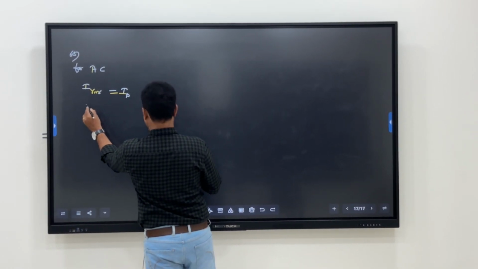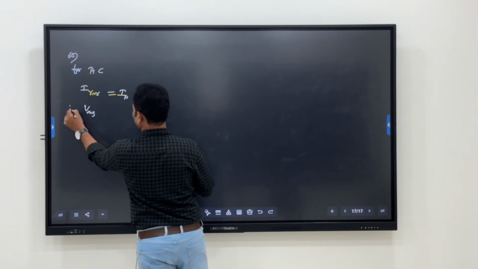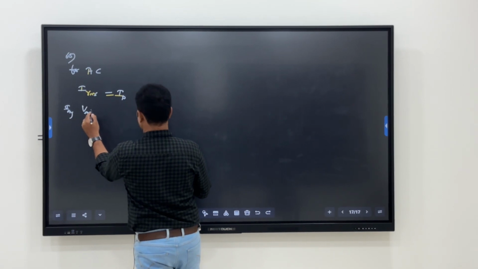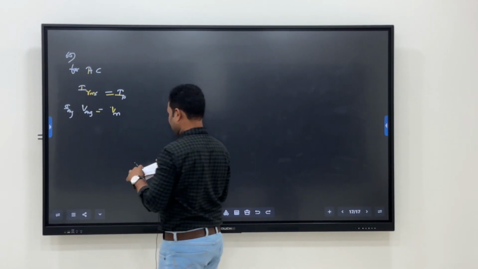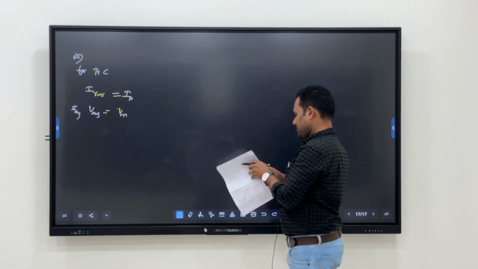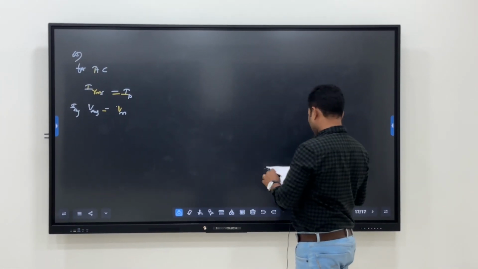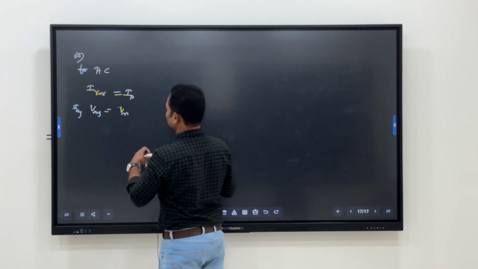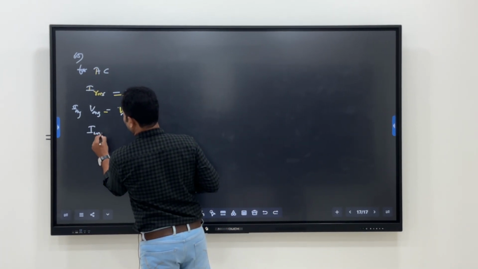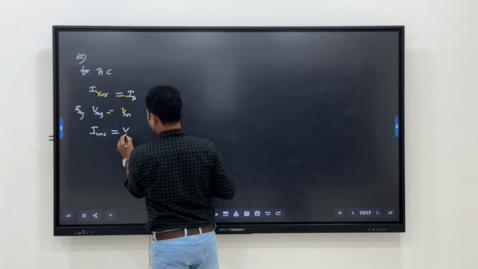The average value, I average or V average, may be equal to the peak value V m or V p. The RMS value may also be equal to the average value.